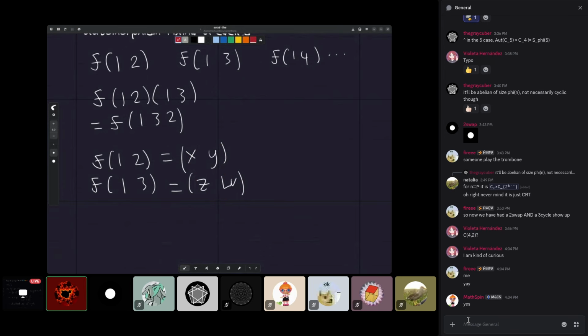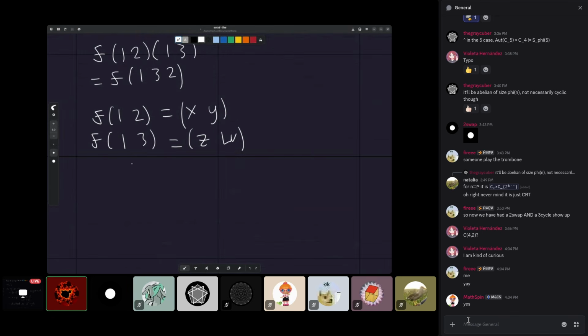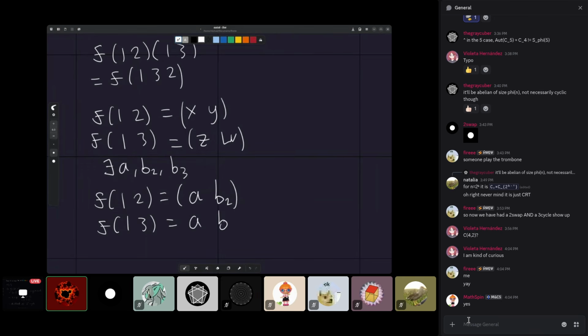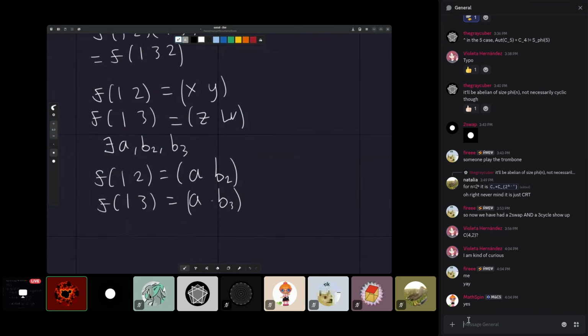All right. So that is to say, there's some A, B2, and B3, such that f of (1 2) is (A B2) and f of (1 3) is (A B3), because these two things have to share exactly one thing in common.